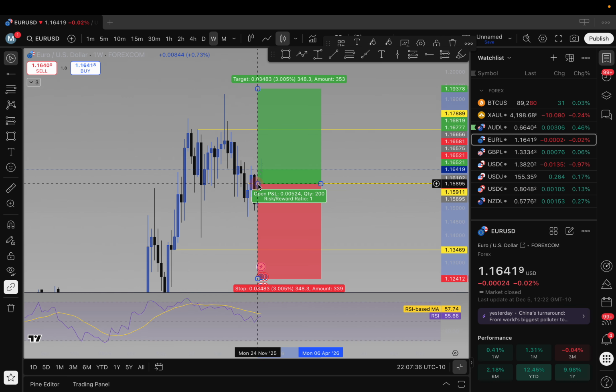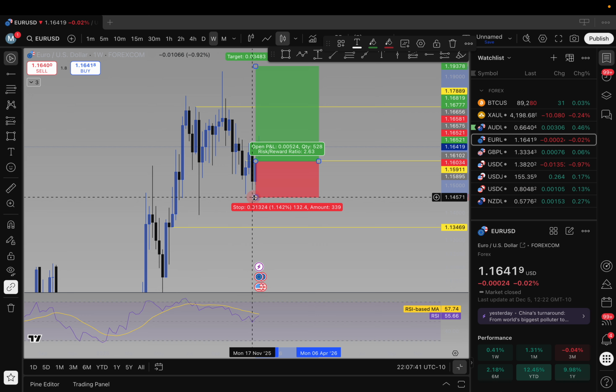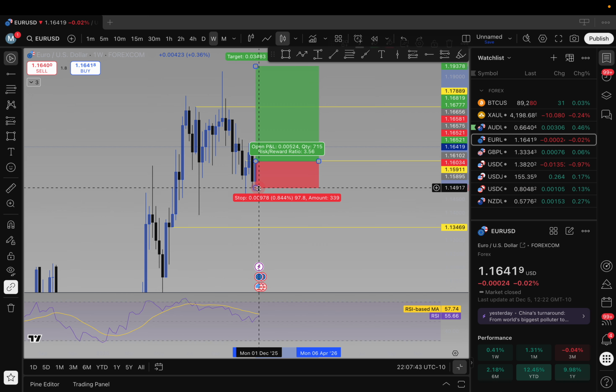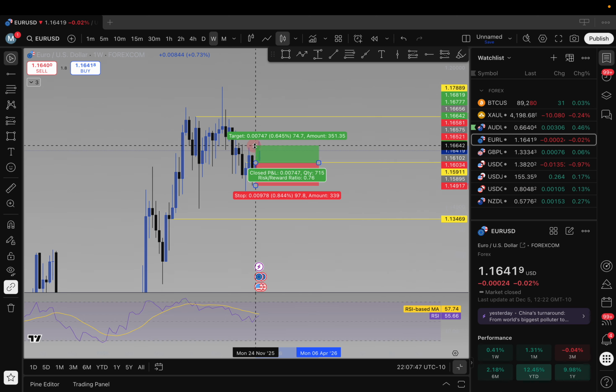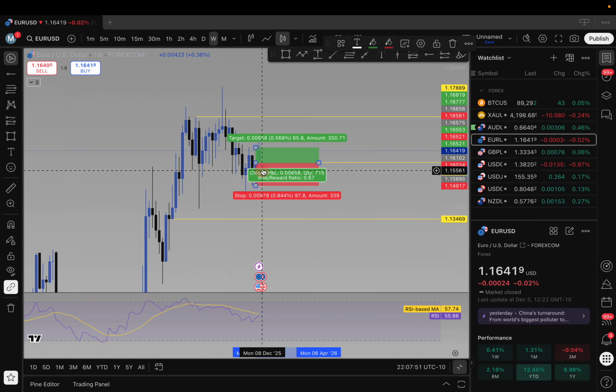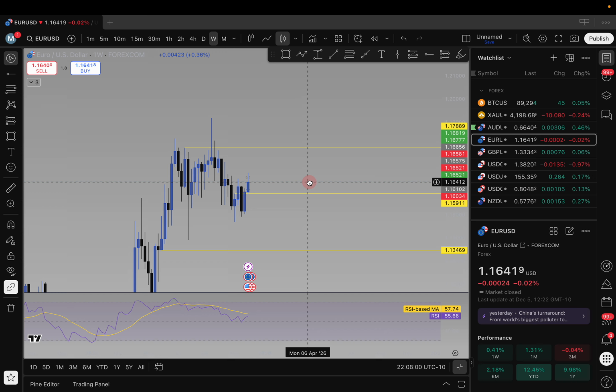Like this, you would have traded like this, and your stop would have been under this bearish candle, and your take profit would have been right over here. That's only a 0.67 RR, so we don't take that, right?